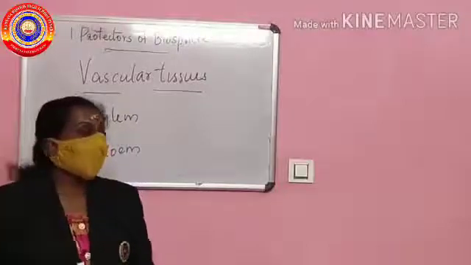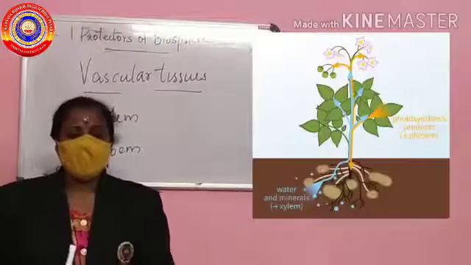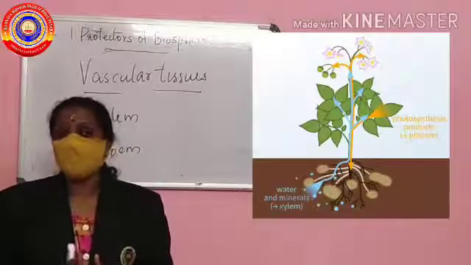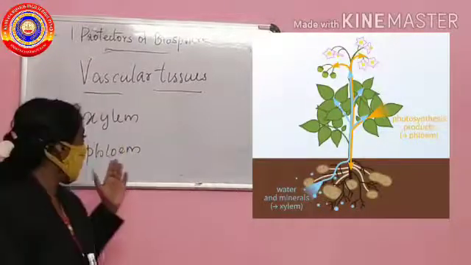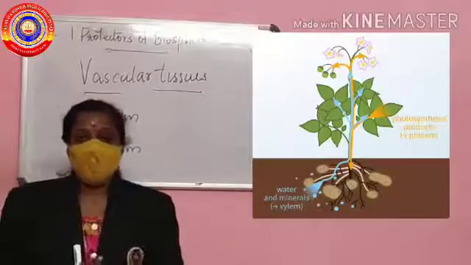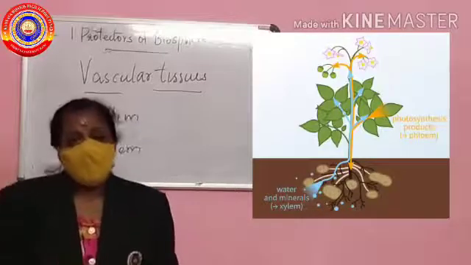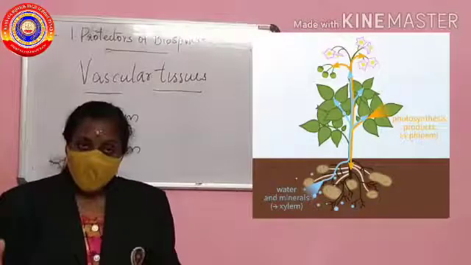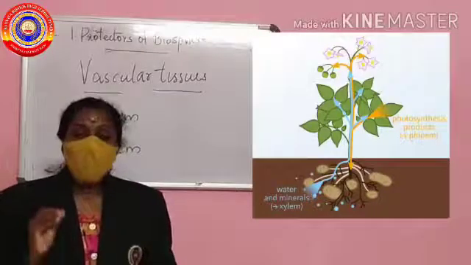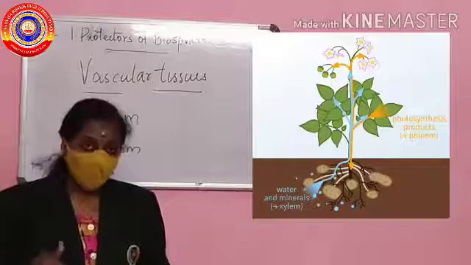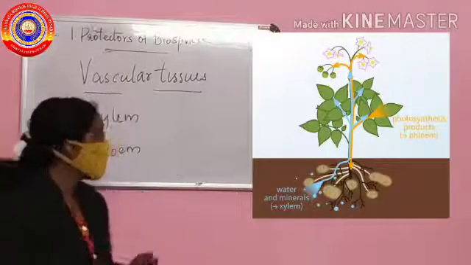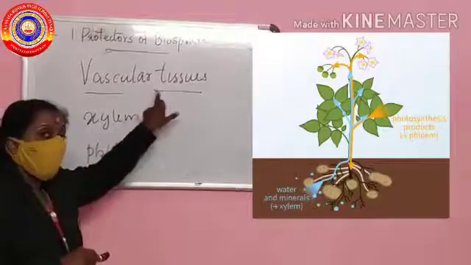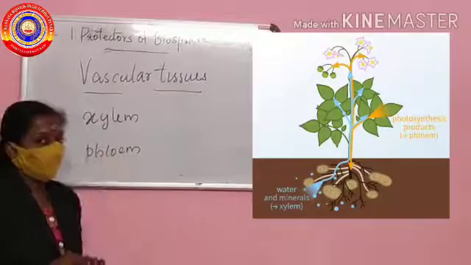Our next topic is vascular tissues. Have you heard about the word vascular tissues last year? Yes, vascular tissues are xylem and phloem. You have learned how the plants prepare the food. The roots absorb water and minerals from the soil, and it is the xylem vessels that take the water and minerals to the leaves.